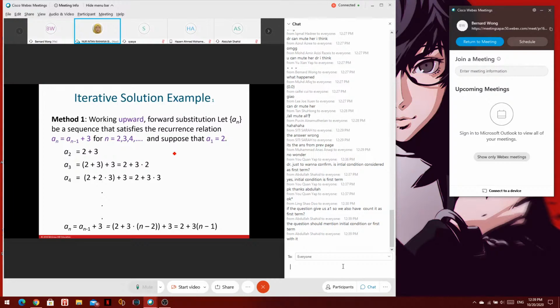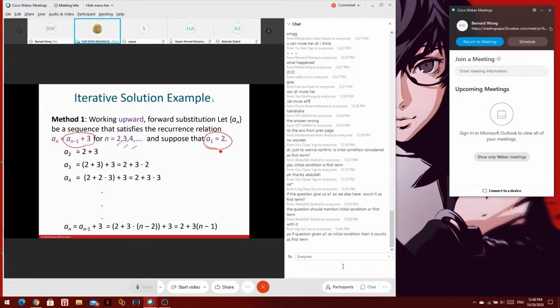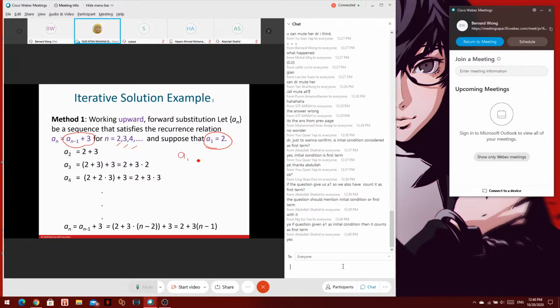Let a_n be a sequence that satisfies the recurrence relation a_n = a_(n-1) + 3 for n = 2, 3, 4, and suppose that the initial condition is a_1 = 2. Then it will have a_1, a_2, a_3, and so on until a_4.